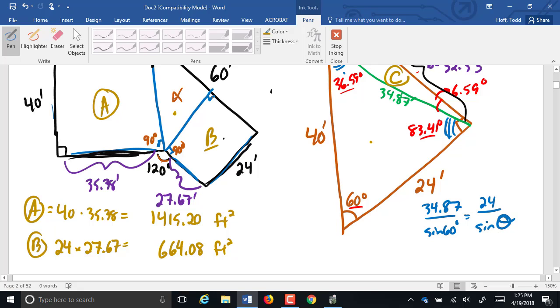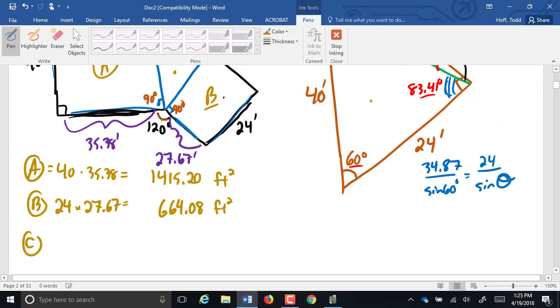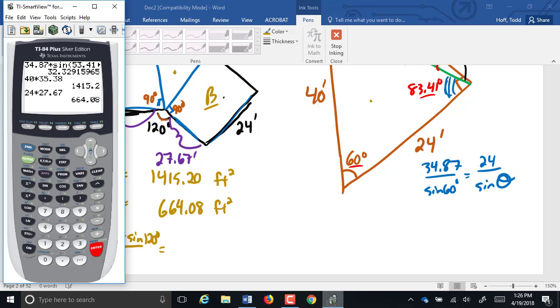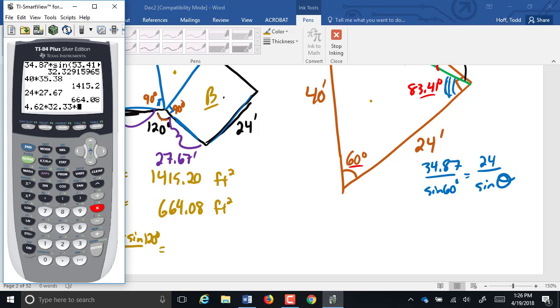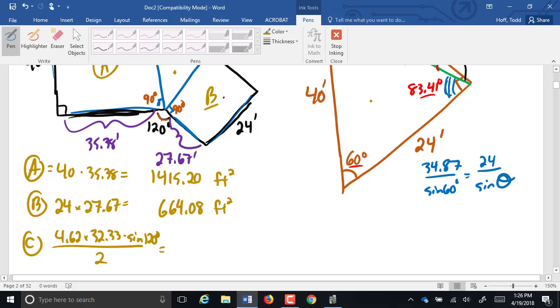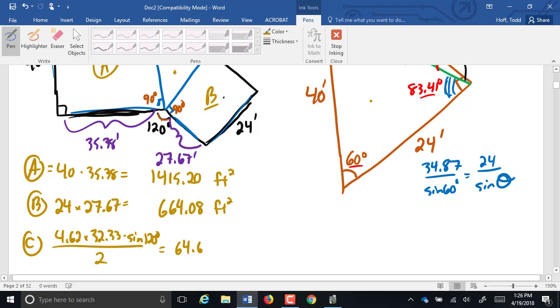Now up here, I'm going to do this. This is going to be piece C right there. Piece C, we're going to have to use those trig formulas. So 4.62 times 32.33 times the sine of that angle between them is 120 degrees, divided by 2. I guess it is, yeah, 64.68 square feet.